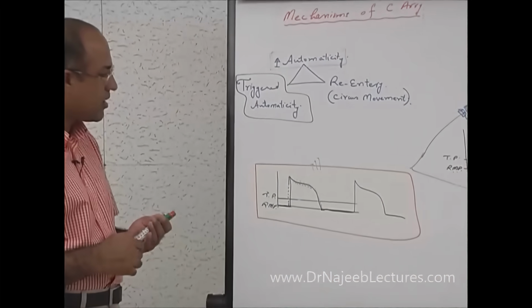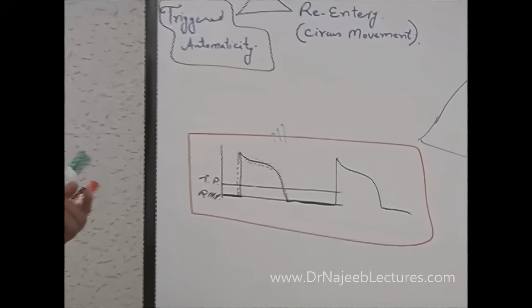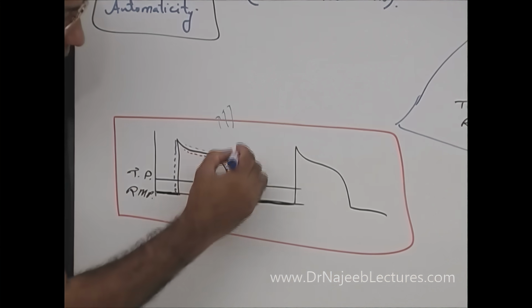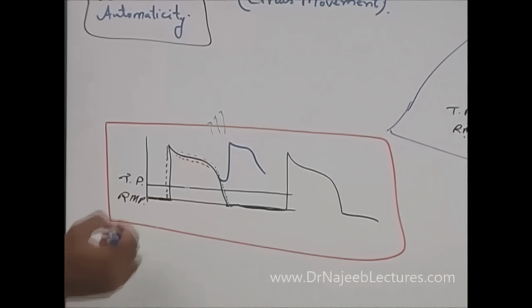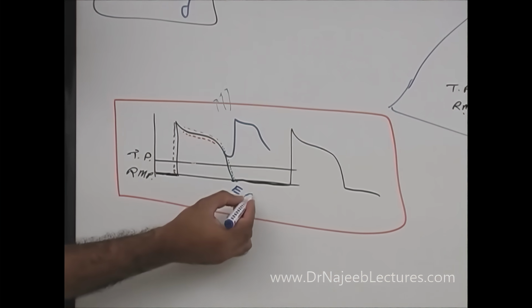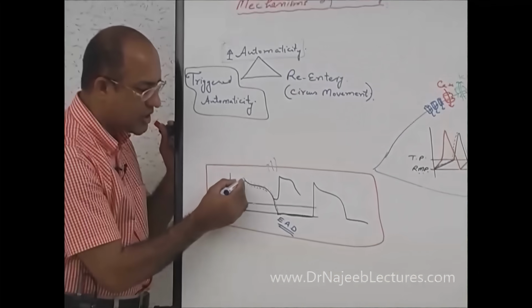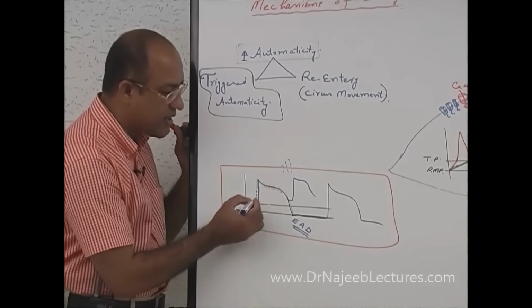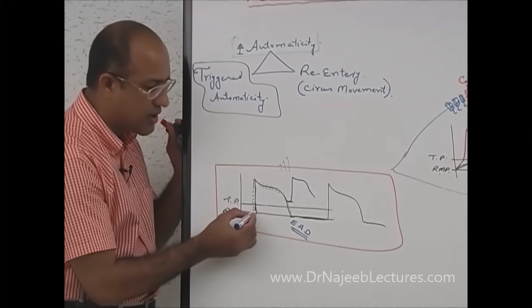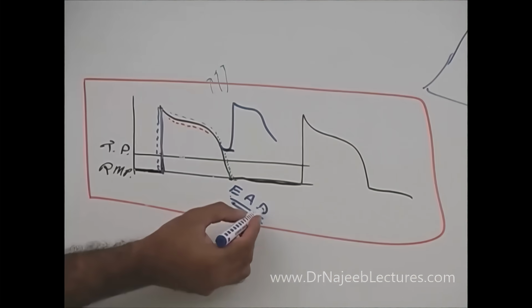Now, sometimes ventricular arrhythmias may be produced due to the fact that from here a new action potential takes off. And if an action potential takes off at a very early time, this is called early afterdepolarization, because this was the original depolarization, and this triggered depolarization has started after the spontaneous depolarization, but at a very early time, so we call it early afterdepolarization.